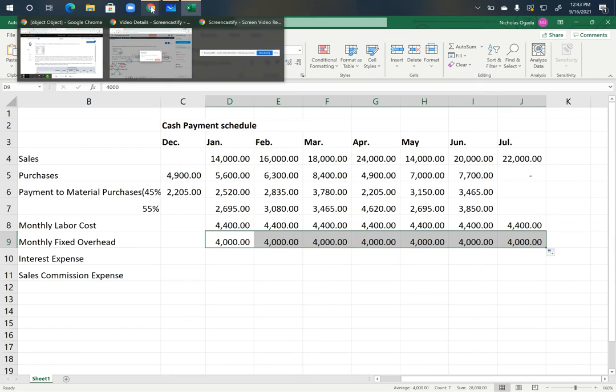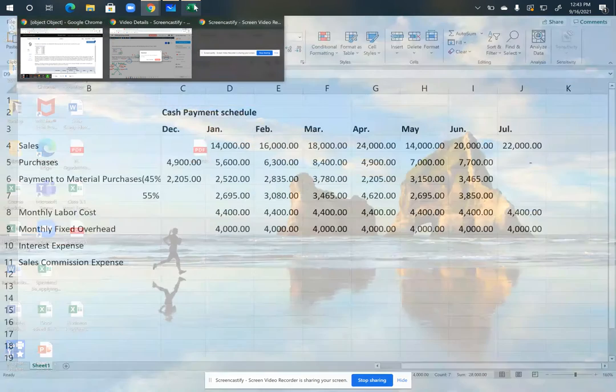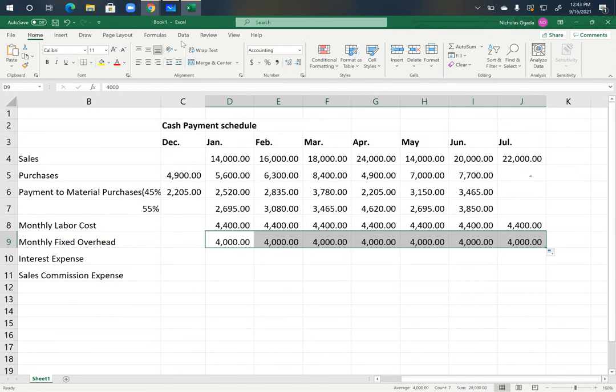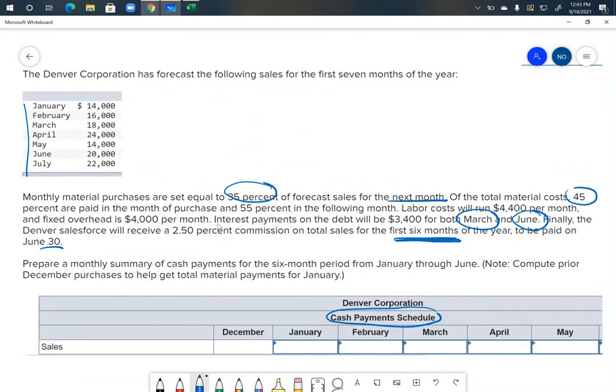And then the other thing we've been given is the interest expense, but in this case, it is only being paid at two levels. The interest expense on the debt will be 3,400 for both March and June. So it's being paid in March and in June.